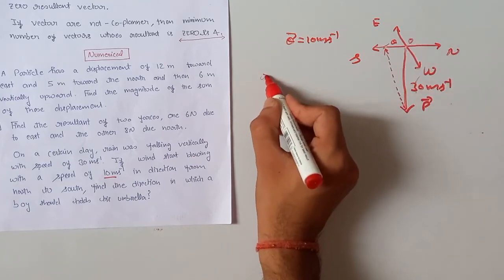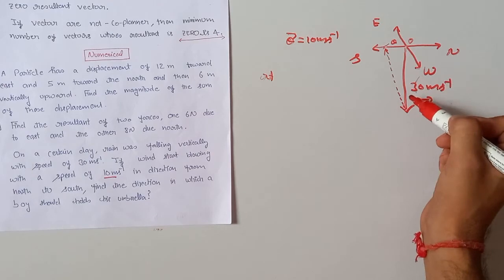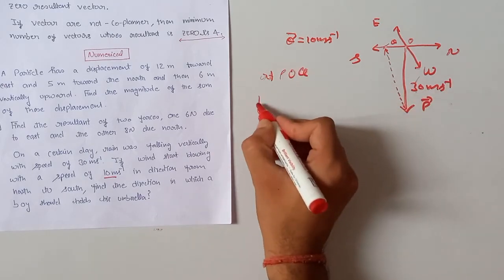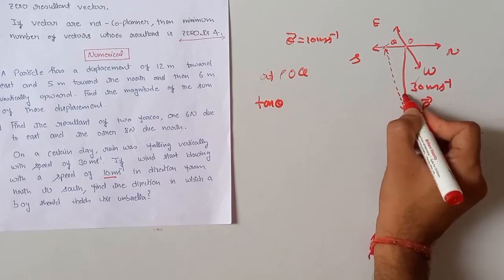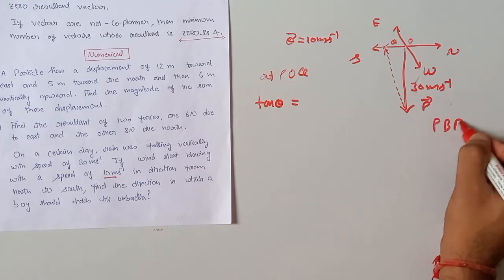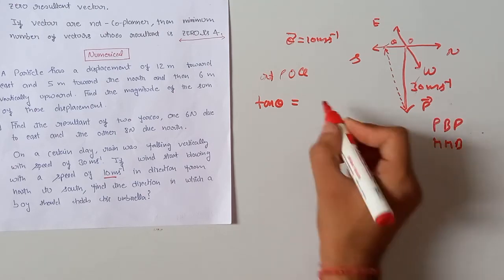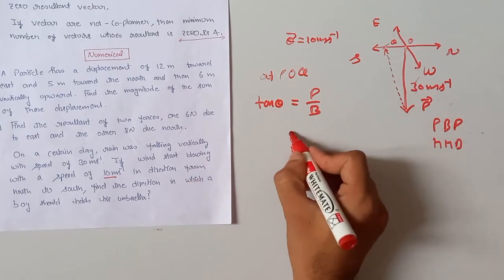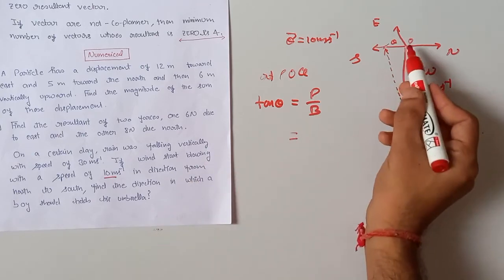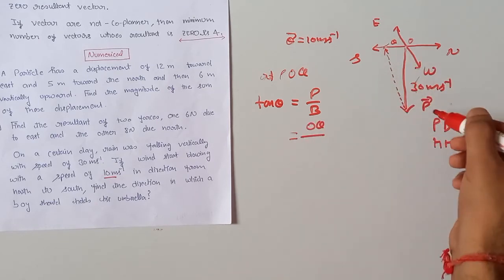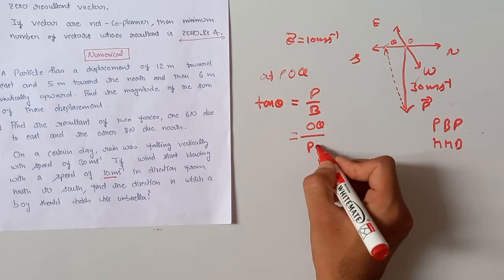Now in the right angle triangle POQ, tangent of theta, we know that tangent theta is equal to perpendicular upon base, which is here perpendicular OQ divided by base OP.